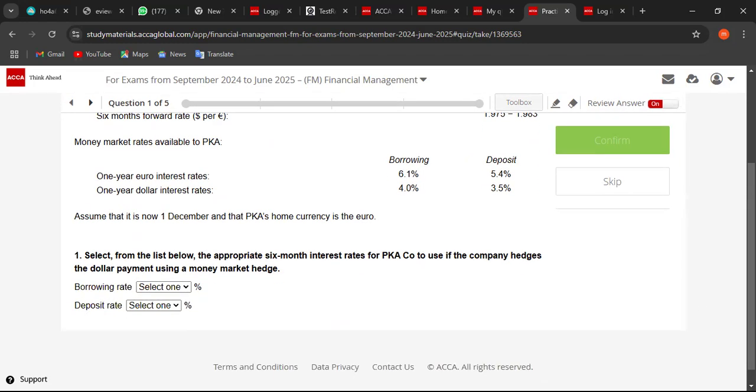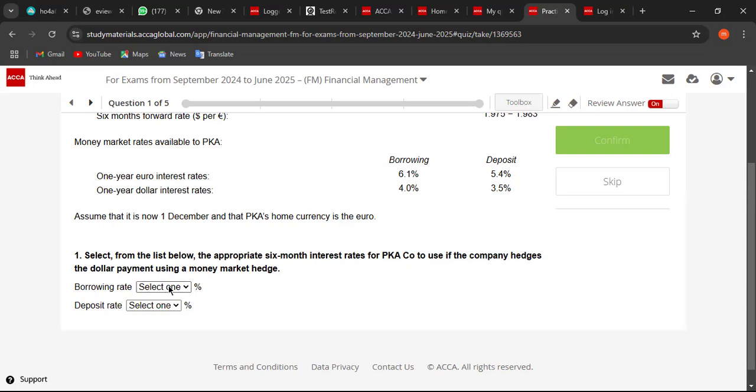Examiner is saying, assume that it is now 1st December and PK's home currency is the euro. Select from the list below appropriate 6 months interest rates that PK company should use if the company hedges the dollar payment using a money market hedge.